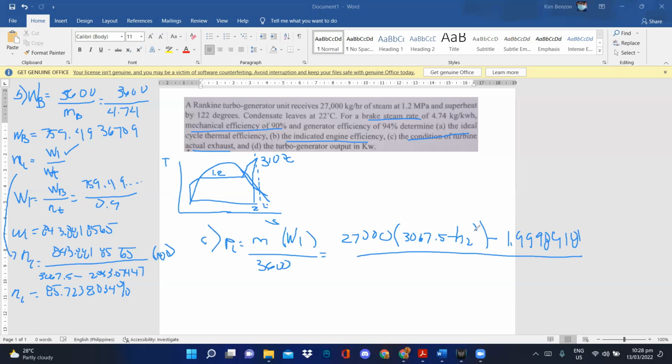Then, divided by 36. So therefore, you have H2 prime. Ano yung indicated pressure natin? Indicated pressure natin, ay mali. Mali pala, sorry.